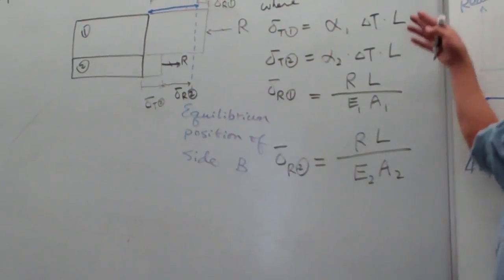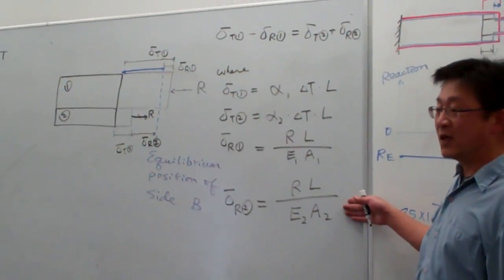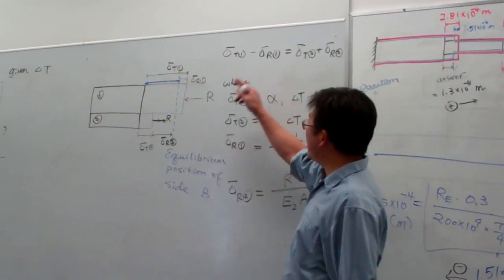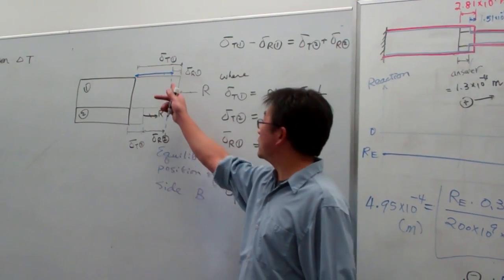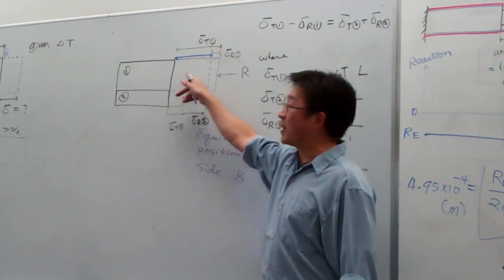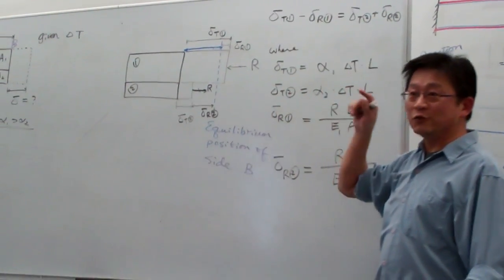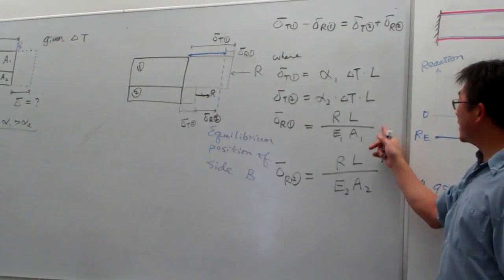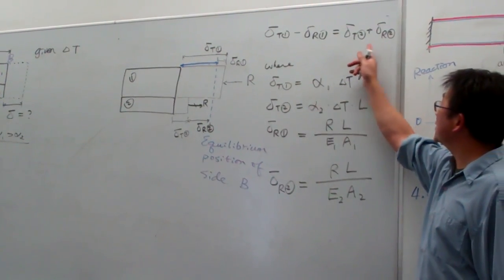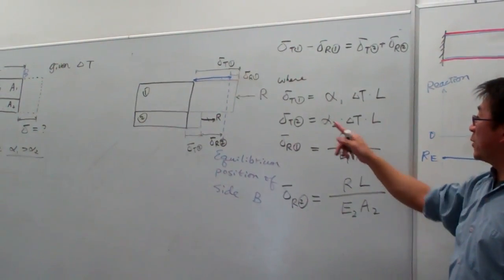Please pay attention, all the numbers here are magnitudes. Whether they are negative or positive, I don't care, because here we have formulated it in terms of the geometry. So this equation already takes care of everything. Once you do the calculation, always plug the numbers into the individual terms, by which you should be able to solve for R.